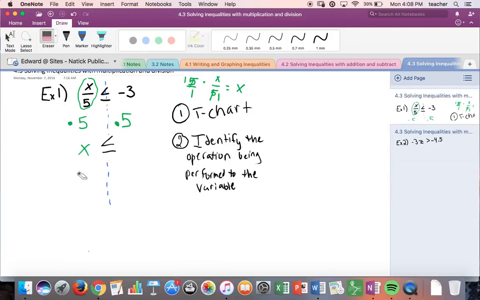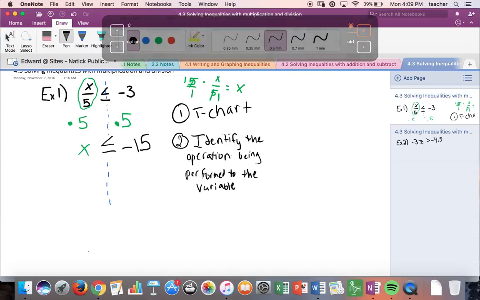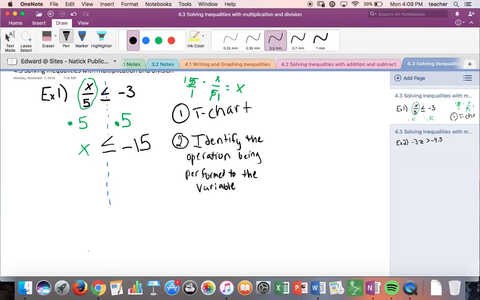And so now we get that negative 3 times 5 is negative 15. And so we notice here that x is less than or equal to negative 15.